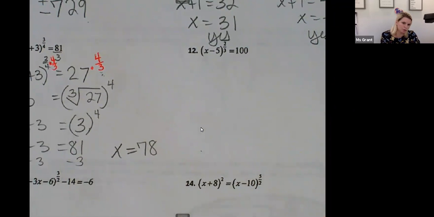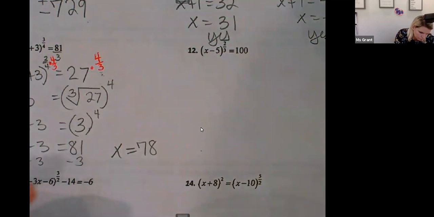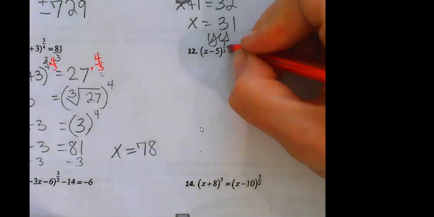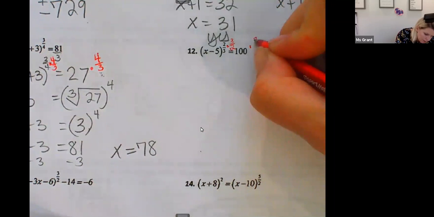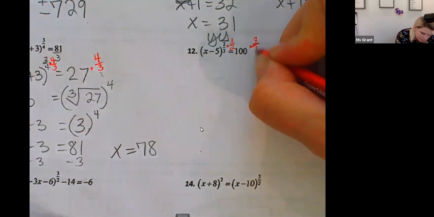What do I do? Nathan. You multiply by the reciprocal. Yep. 3/2 to the power of 3/2.